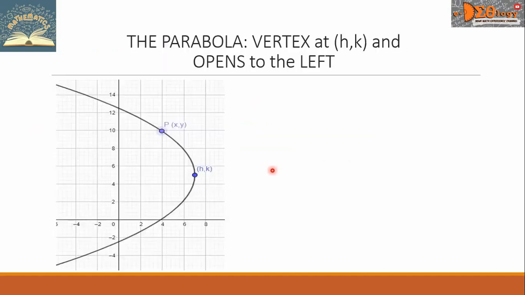Let us consider now the parabola with vertex at (h, k), this is the vertex, and opens to the left. Let us pick one point of the parabola and denote it as P with coordinates (x, y).